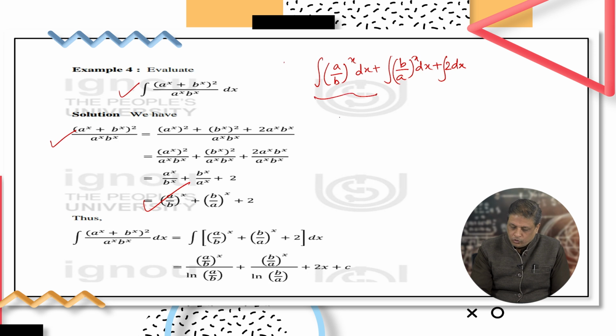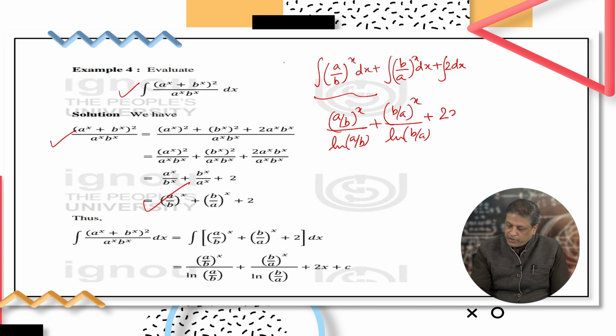So this will turn out to be (a/b)^x upon natural logarithm of a/b plus (b/a)^x upon natural logarithm of b/a plus 2 times x plus constant of integration, and this is the solution. This is how you are supposed to solve by applying the basic formulas for integration.